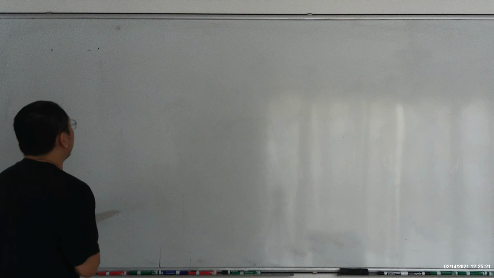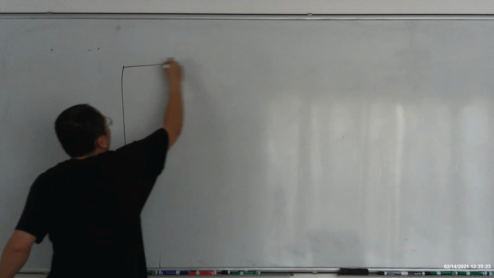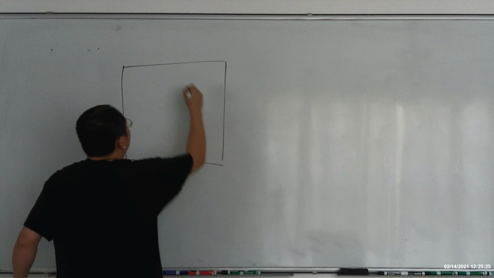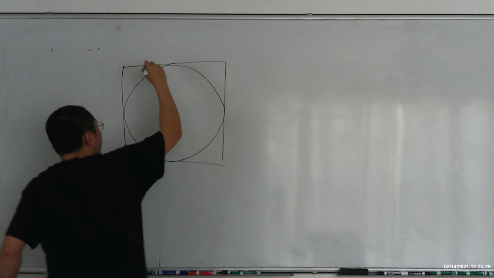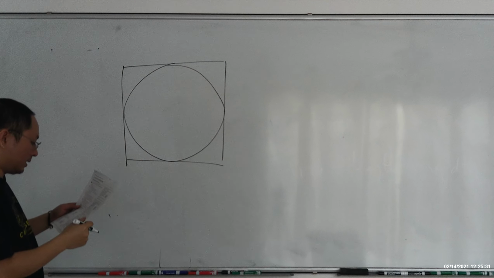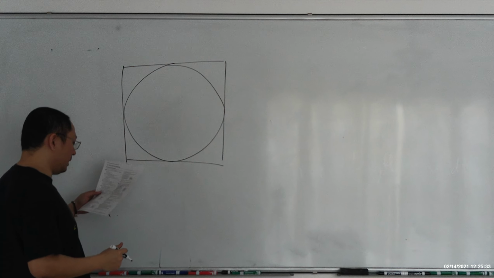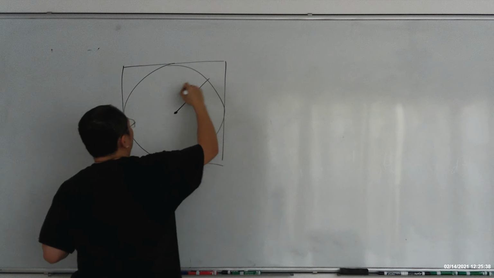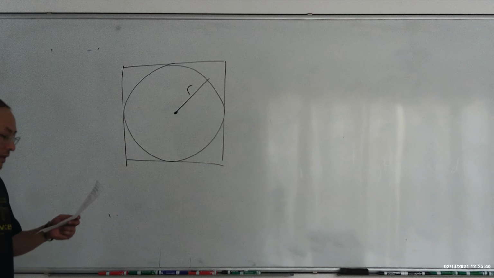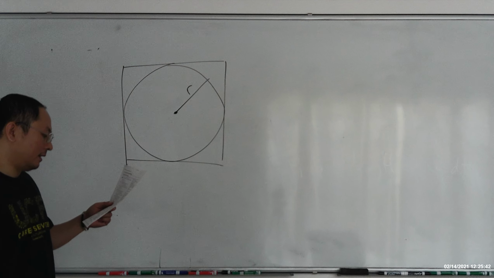So let me just put it out and show you a picture. I have a square, and I have a circle inscribed in the square. A circle of radius r is inscribed in a square. So this is the circle, radius r, and obviously the circle and the square are going to have the same center.